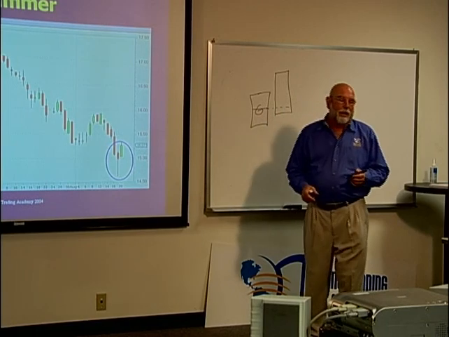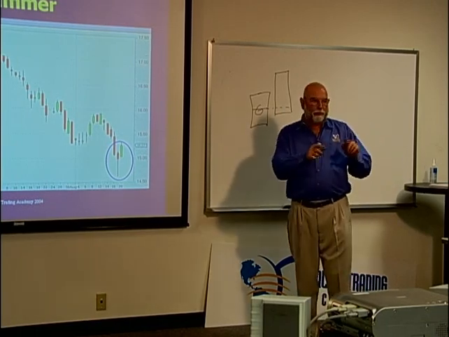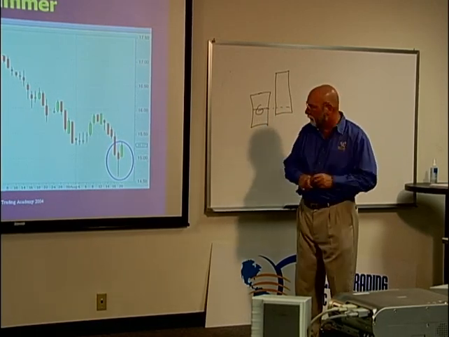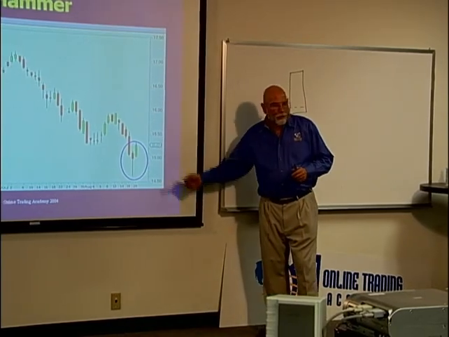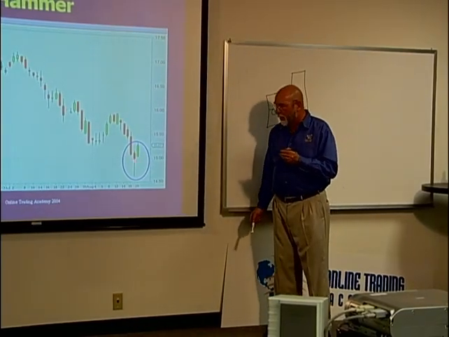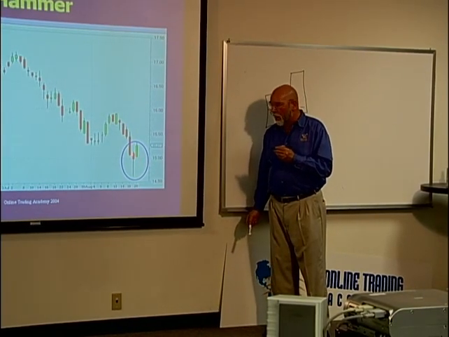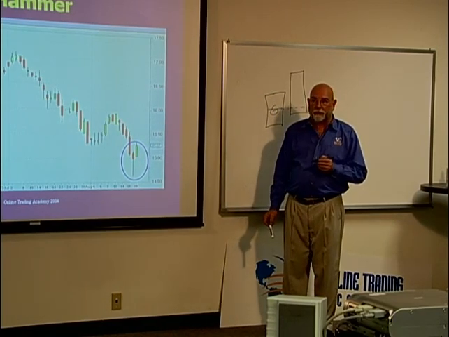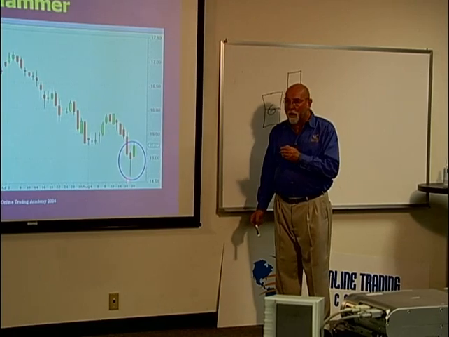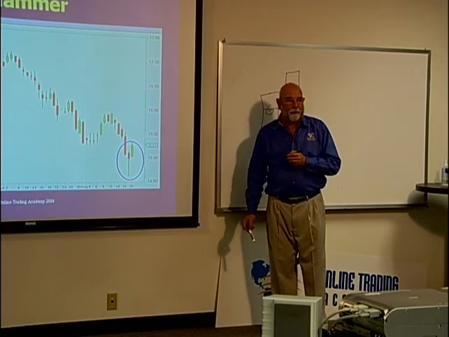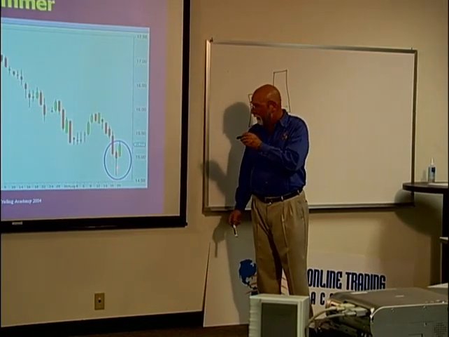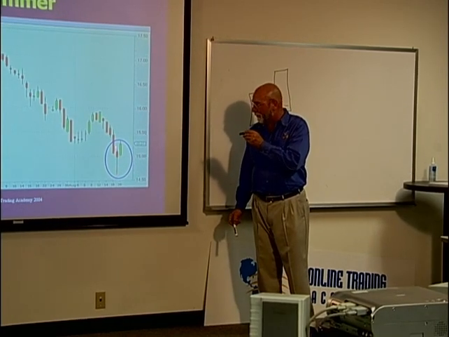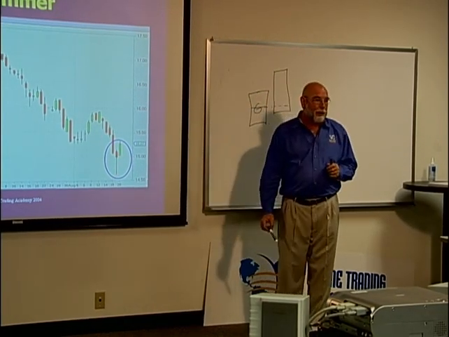Well, by definition, a hammer, if you really want to get into it, and this is how much fun you can have with this, guys, the shadow must be 2.5 times the height of the hammer block. So they don't have to be perfectly square. You just have to have a longer tail if you're going to have it. So if we measure this, and this is 2.5 times that height, then the body's okay.